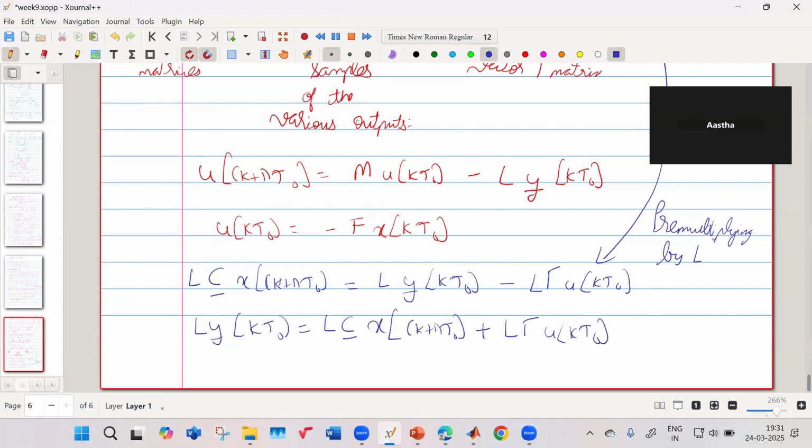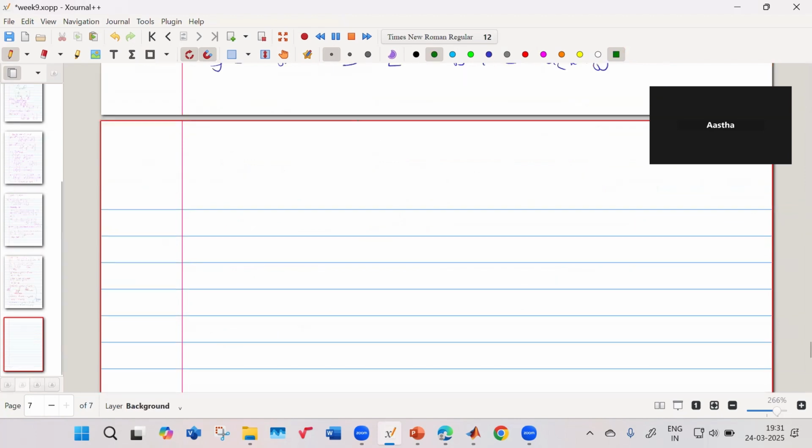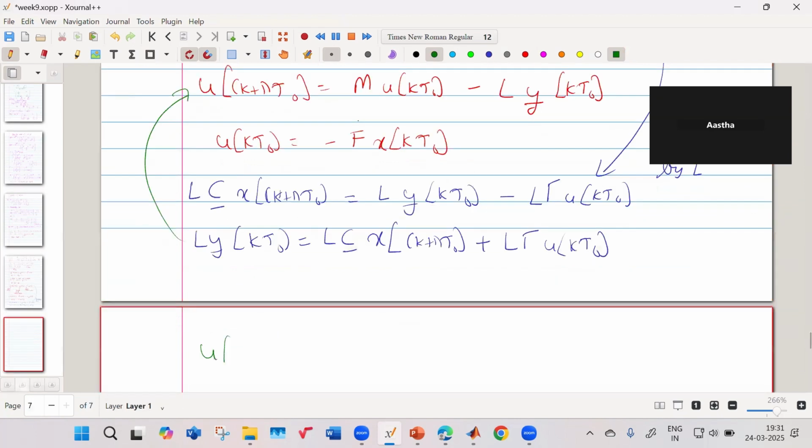So we substitute this over here. What we will get is u of (k+1)T0 is equal to M into u of kT0 minus LC x of (k+1)T0 plus L gamma u of kT0.